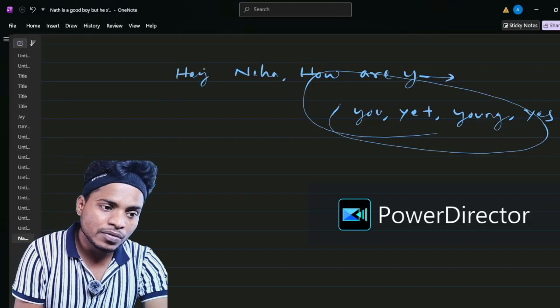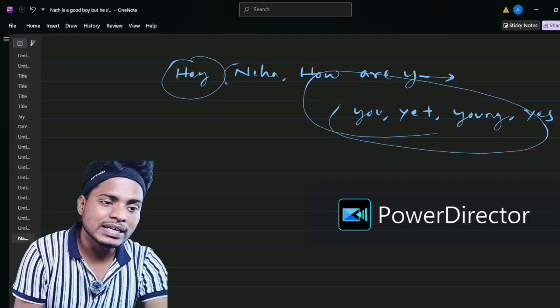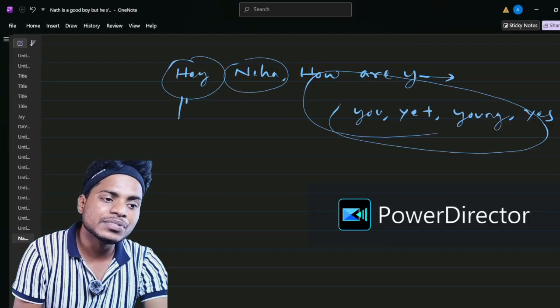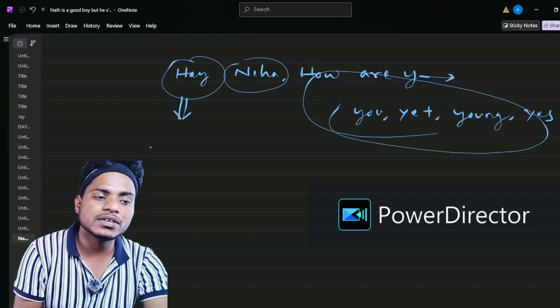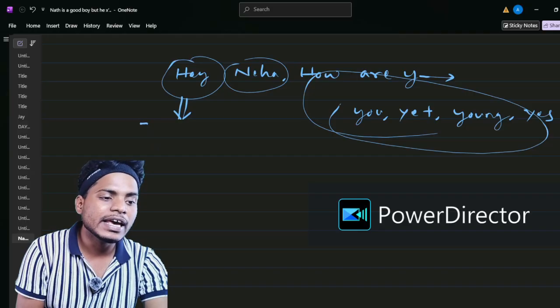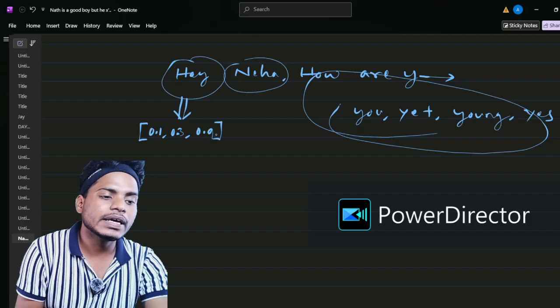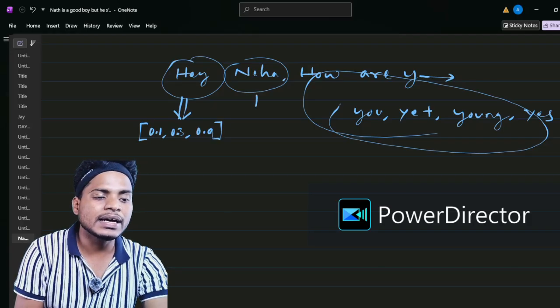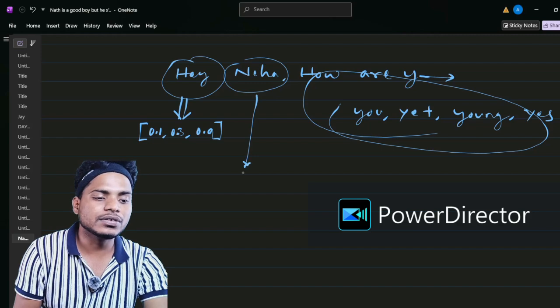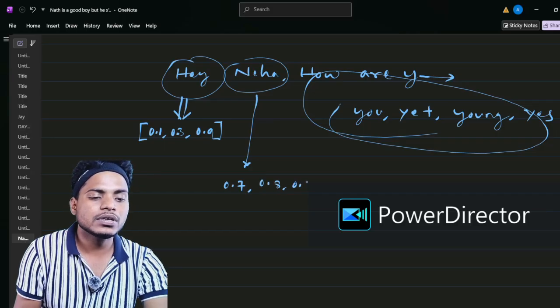As I told you before, each of these words and letters has a different numerical vector. Suppose in 3 dimensions, Neha has a vector like 0.7, 0.8, and 0.9.